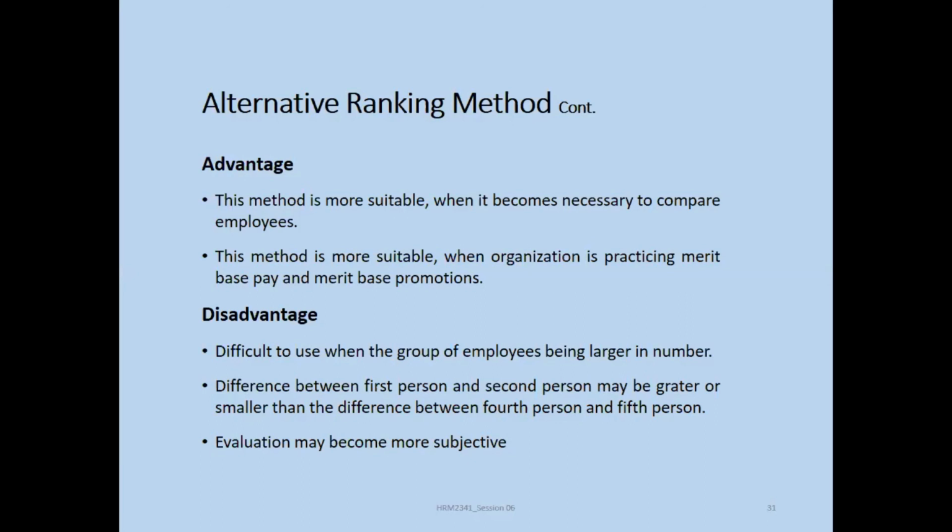That may have a serious effect on the final evaluation. That is the unique disadvantage of the alternative ranking method. Evaluation may become more subjective, as I already explained. That is also equal to the rank order method.